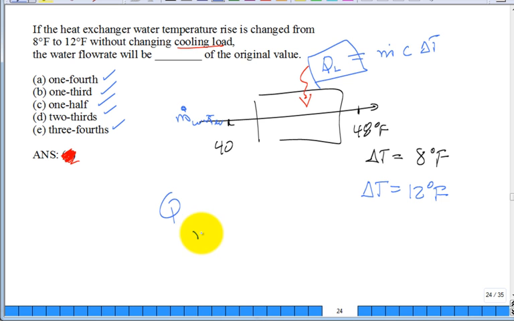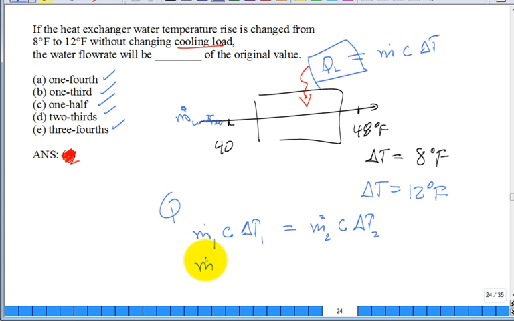So we have the mass flow rate of case 1, specific heat case 1, delta T case 1, the original case, and that same cooling load, mass flow rate case 2, specific heat, delta T case 2.